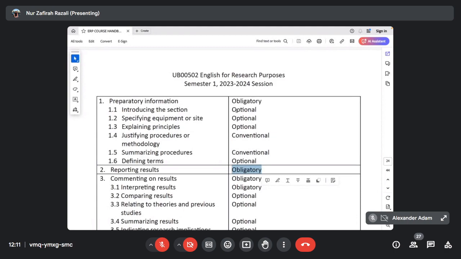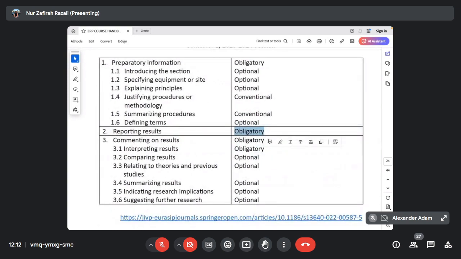For example, preparatory information is an obligatory move, but sometimes the steps realizing the preparatory information move are not always obligatory, because sometimes the preparatory information can be done by explaining principles, or by justifying procedures or methodology, depending on which is deemed important by the respective authors of the respective disciplines. Okay, now, am I going too fast, by the way?